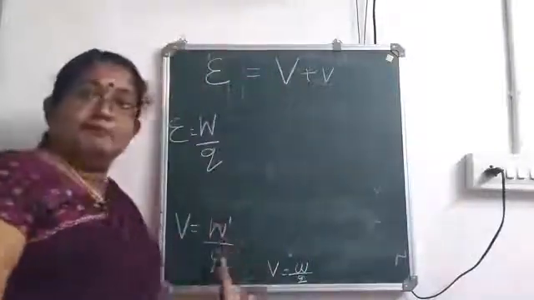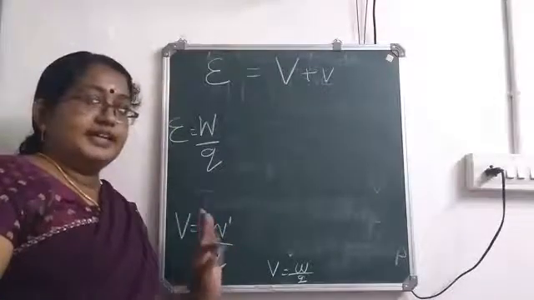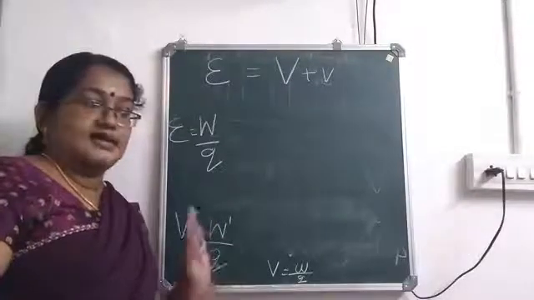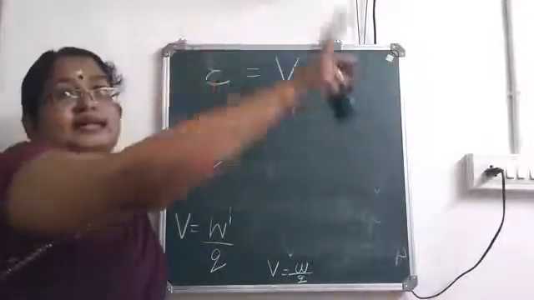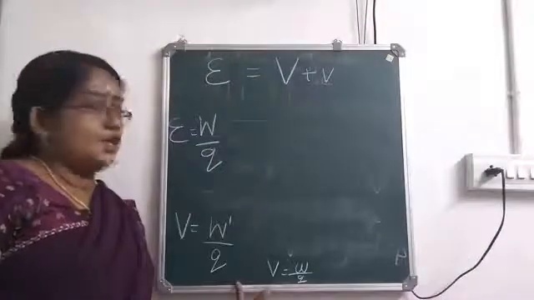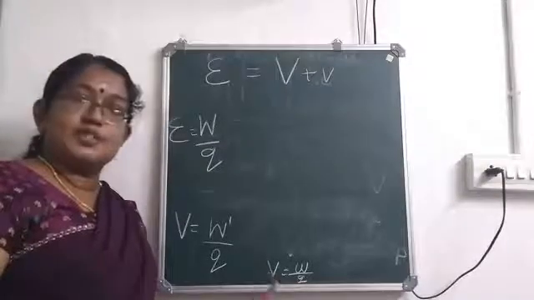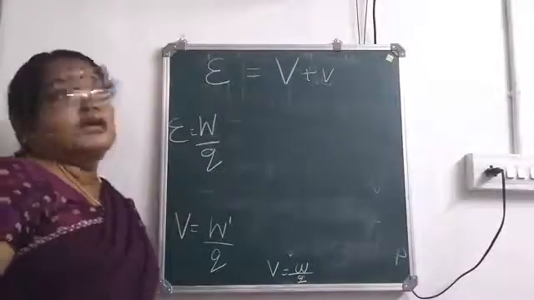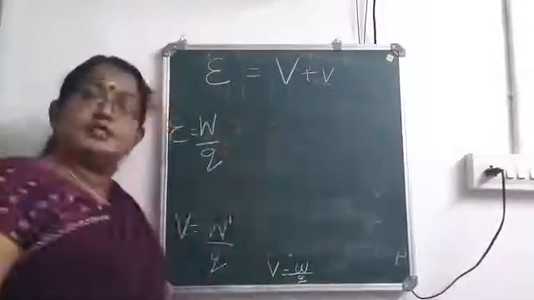Terminal voltage V is the potential difference between the terminals in a closed circuit, or you can say the work done to move a unit positive charge through the terminals in the external circuit. So V equal to W dash by Q. Then voltage drop is the work done to move a positive charge through the electrolyte, which is W by Q. So epsilon is equal to capital V, terminal voltage, plus voltage drop.